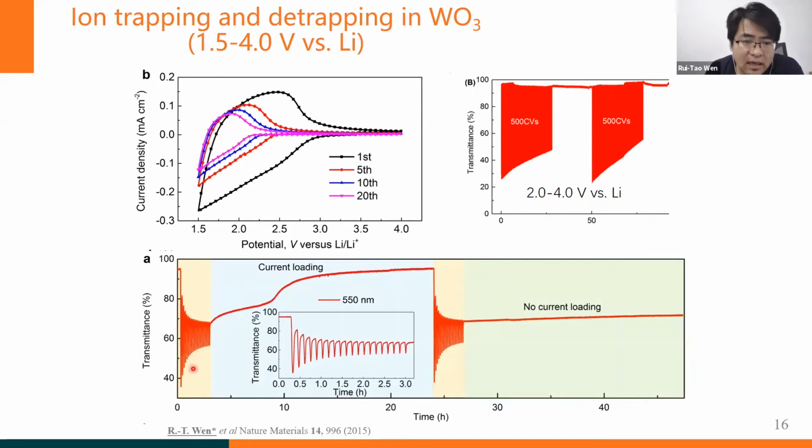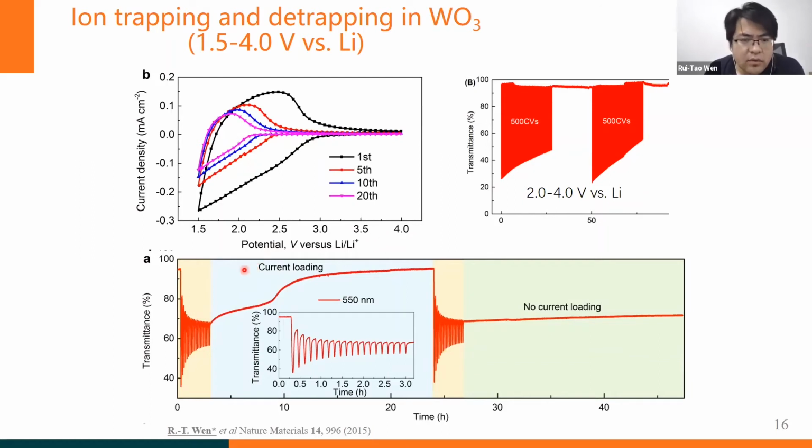Not only the color state of the film, but also the bleach state is degraded. That means in the two different ranges, we have two different kinds of traps inside the film. We call the traps which degrade only the color state shallow traps. We denote the traps that degrade not only the color state but also the bleach state as deep traps. So there are two different kinds of traps.